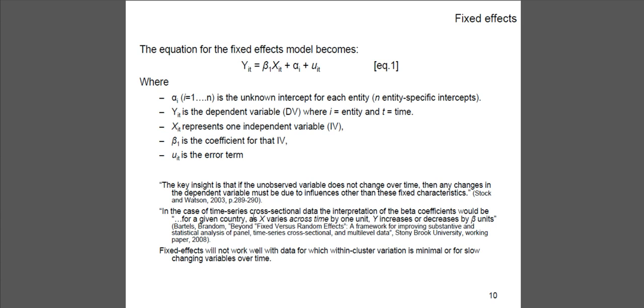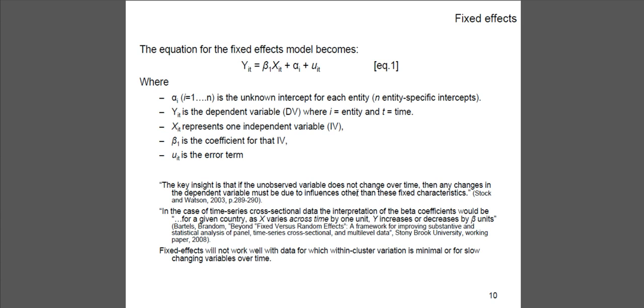In the case of time series cross-sectional data, the interpretation of the beta coefficient would be: for a given country, as X varies across time by 1 unit, Y increases or decreases by beta units. This is specifically the discussion of these authors. Fixed effect will not work well with data for which the within-cluster variation is minimal or for variables that change slowly over time.